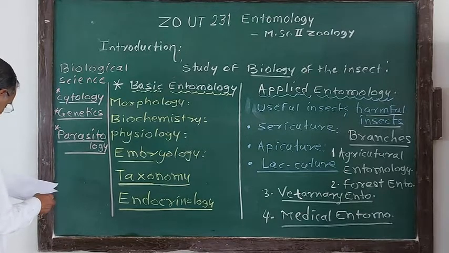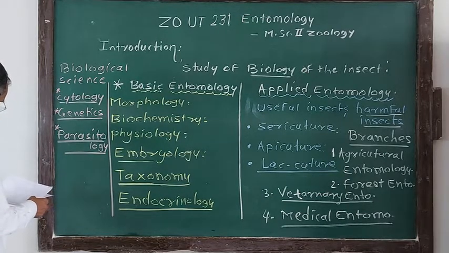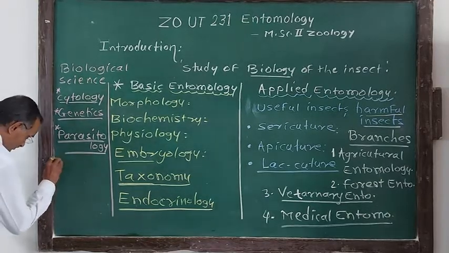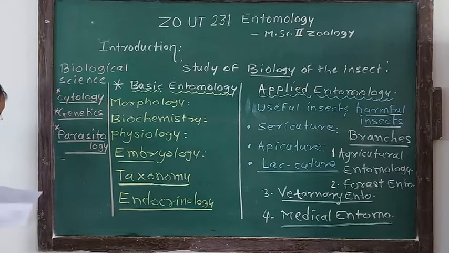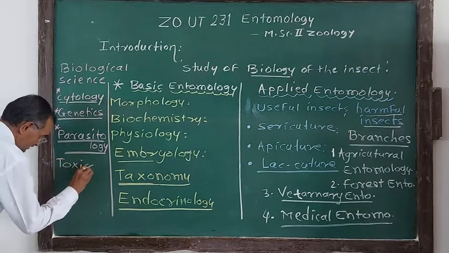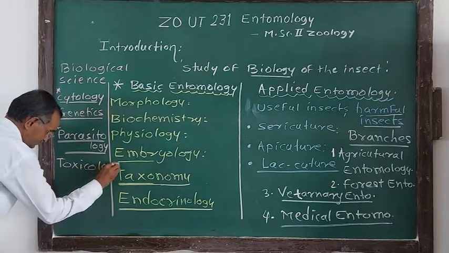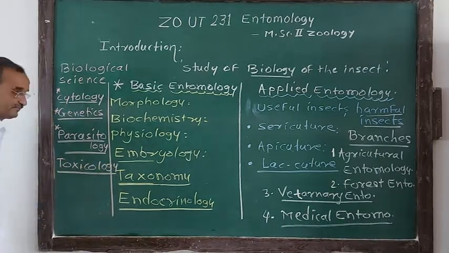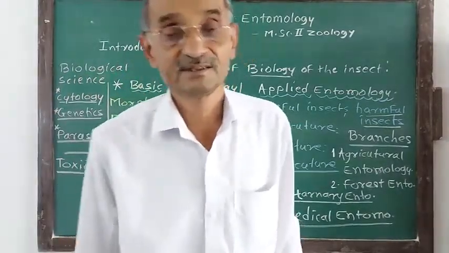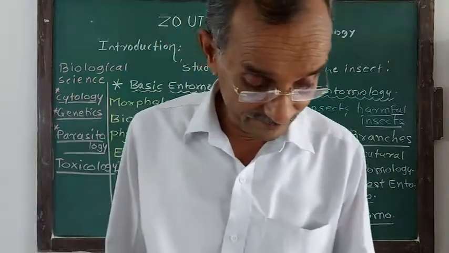Now, apart from parasitology, genetics, cytology, there are different branches such as toxicology. Insects are also studied in toxicology. Different experiments are done in toxicology by using various toxins, their lethal dose on insects, their effect on the insect body.